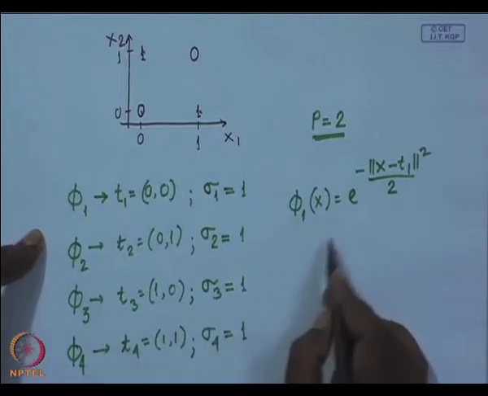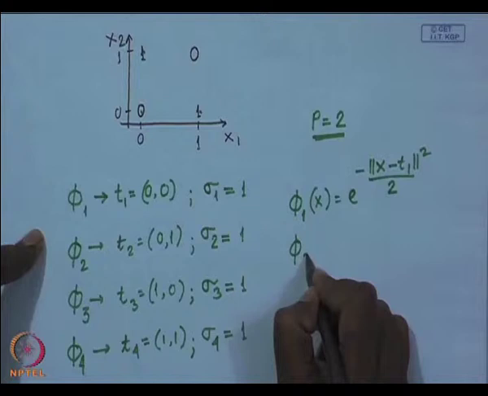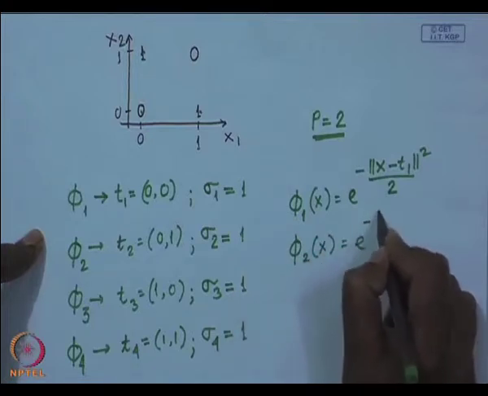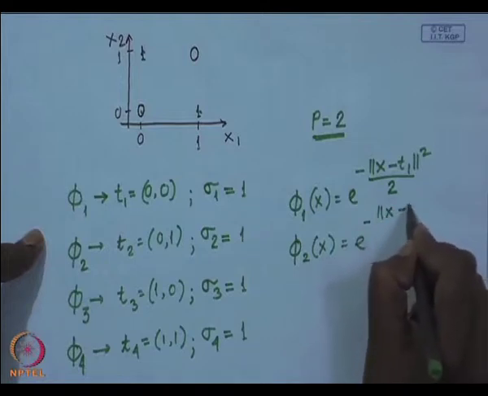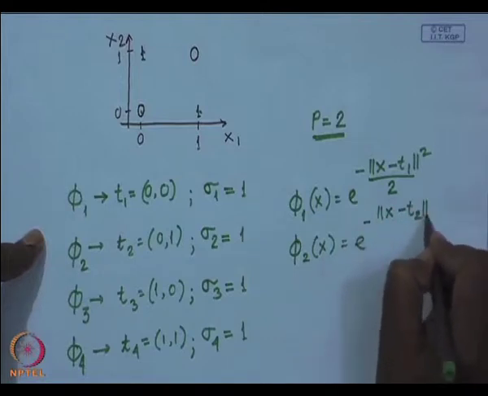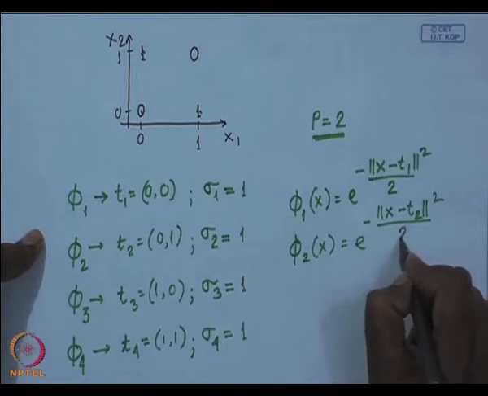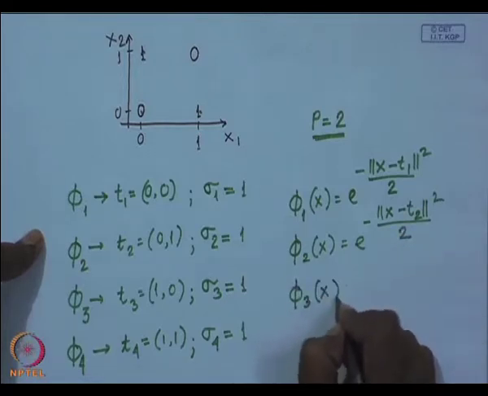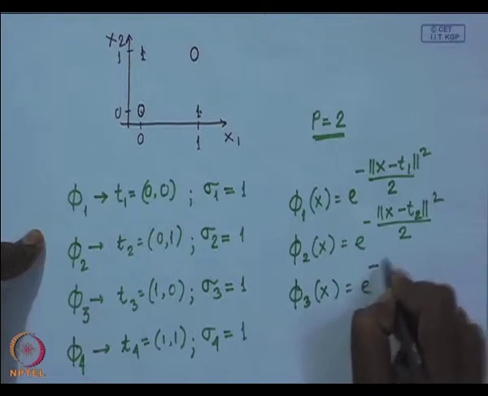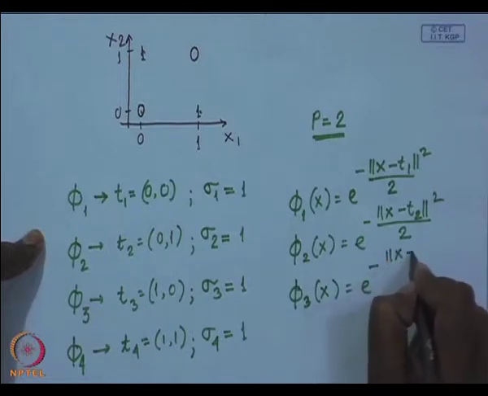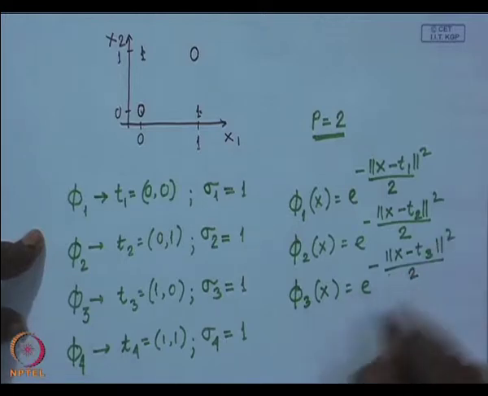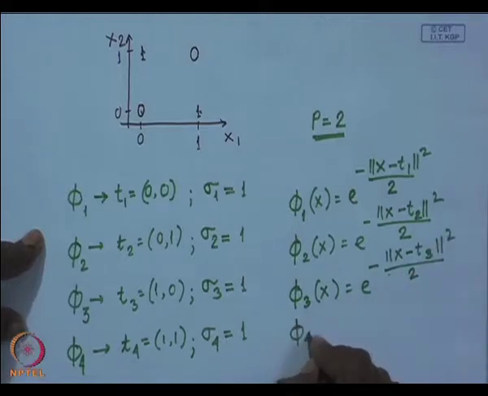Similarly, for phi 2 of x, I will have e to the power minus x minus t 2 square of this upon 2, phi 3 of x will be e to the power minus x minus t 3 upon 2, and similarly phi 4 of x.